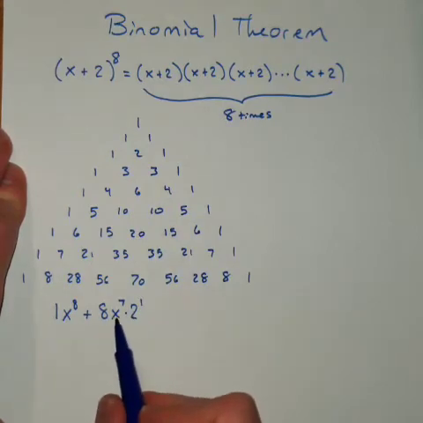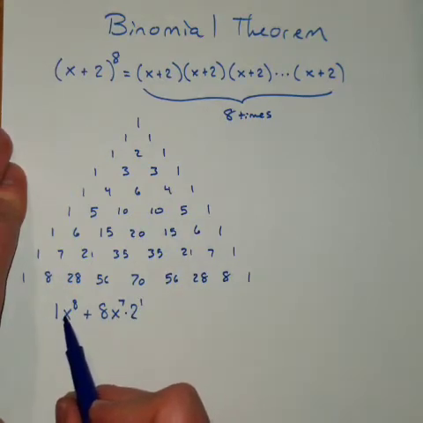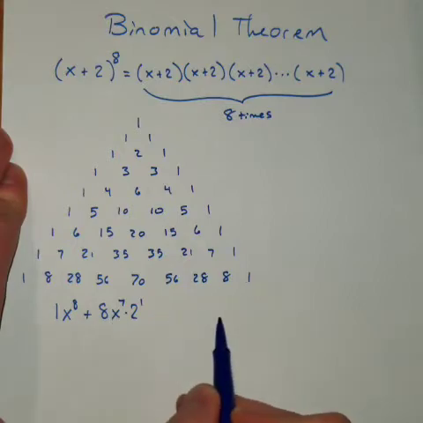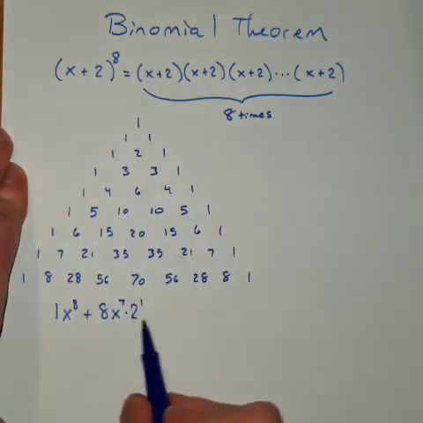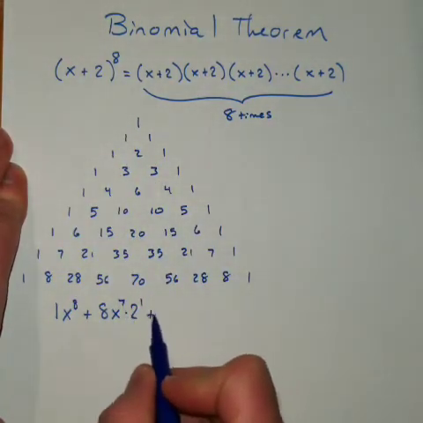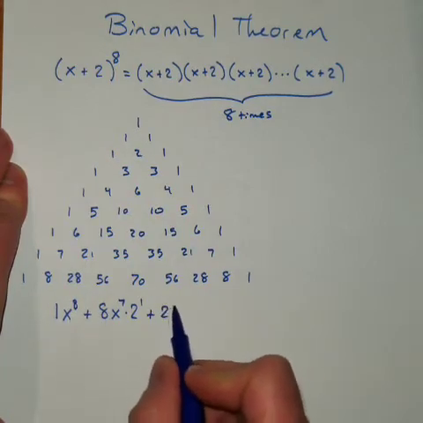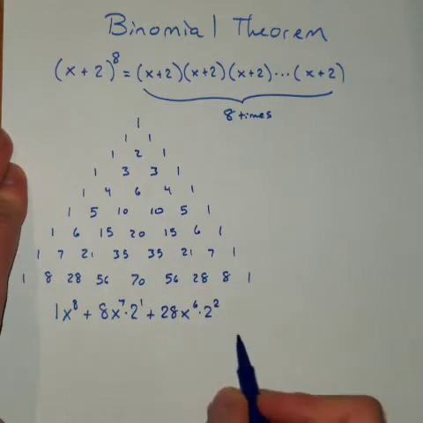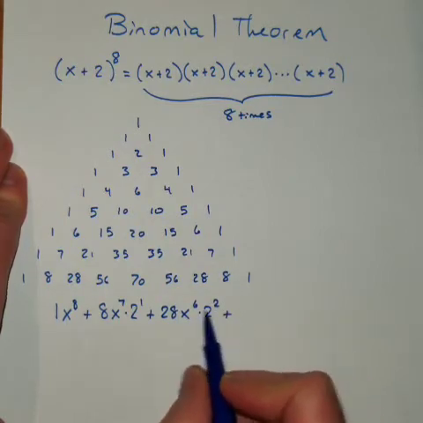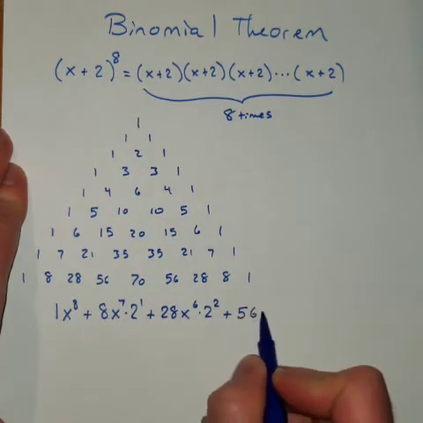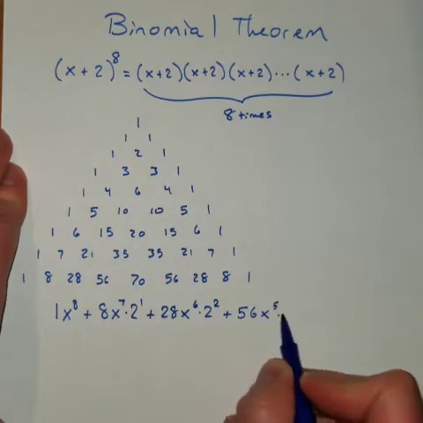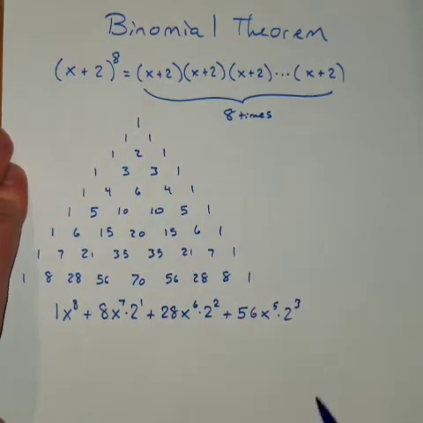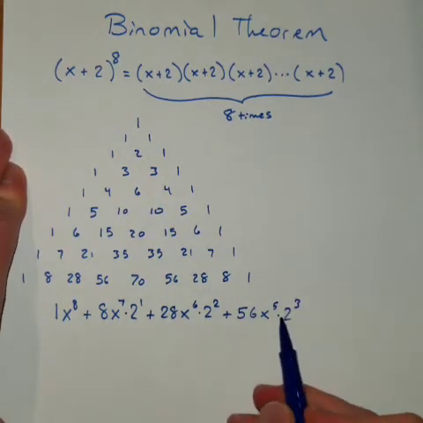So we're going to start decreasing the x's by a power and increasing the 2's by a power. Okay, so then we get 28x to the 6th times 2 squared. And then you get 56x to the 5th times 2 to the 3rd, noticing that the powers always add up to 8.